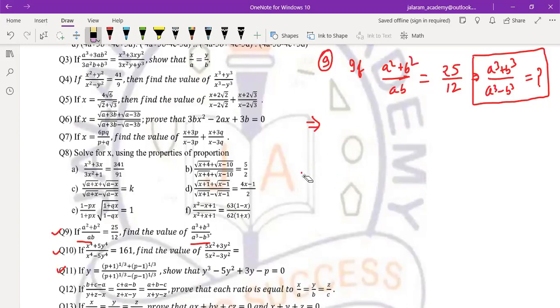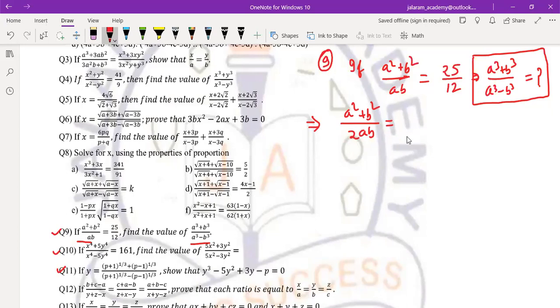So what should we do to bring this to ab? We will multiply the denominator by 2, or we can say that we are multiplying both sides of this identity by half, 1 by 2.